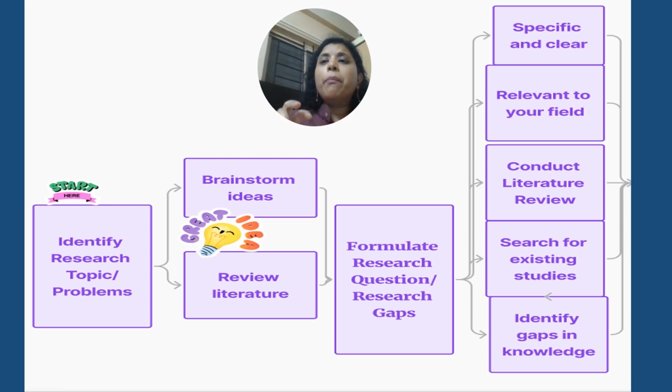Anything which is published in electronic format, in hard format, paper format, or which can be unpublished also, is considered as literature. But it has been done by some other authors.